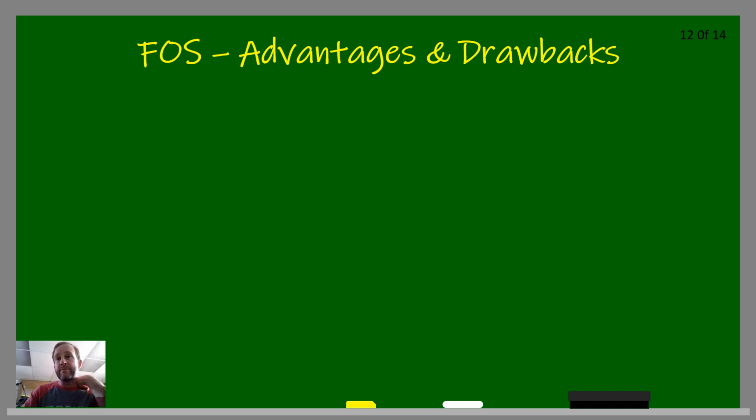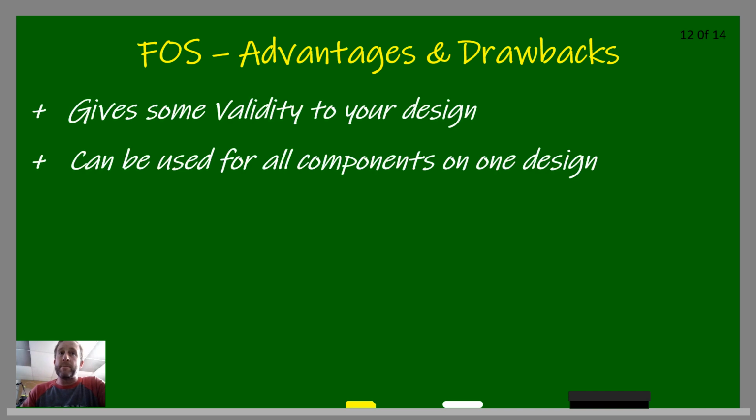So what could be some advantages and drawbacks to a factor of safety? Well, like I was just saying, it gives some validity to your design by documenting it. And then it could be used for all the components in one design, or maybe just one of the main components. That's kind of dependent on your design, what your parameters are.